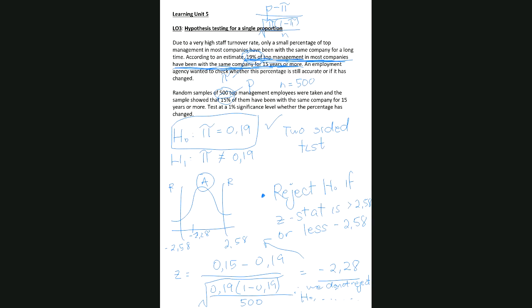Okay, so let's have a look at the next example. This says that a producer of frozen orange juice claims that more than 52% of all orange juice drinkers prefer their product. So they're saying greater than 52%.